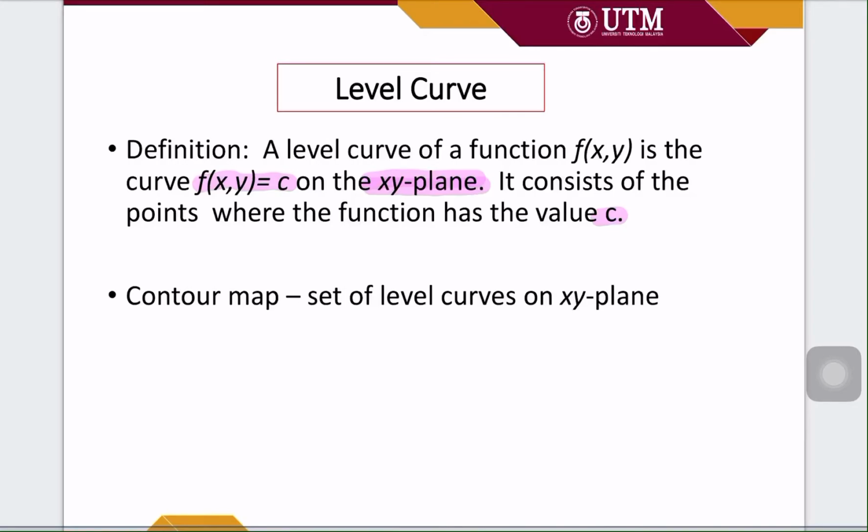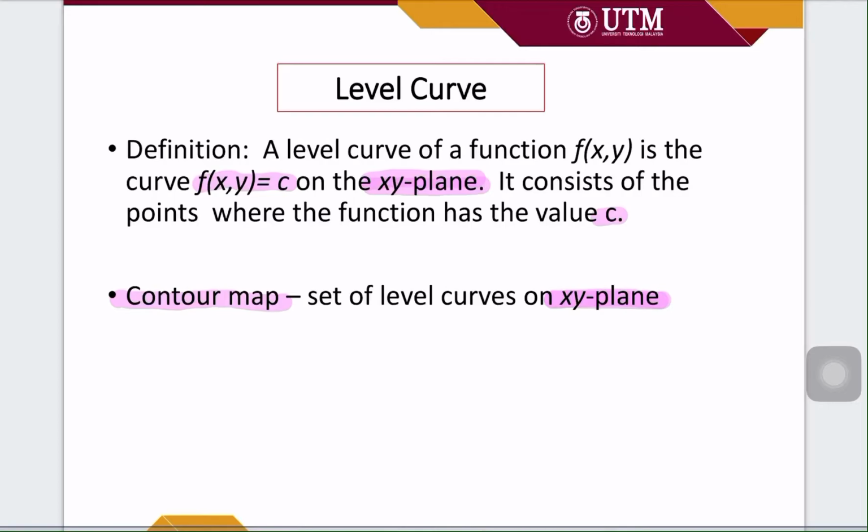Contour map. What is a contour map? Basically it is a set of level curves. We have one level curve, two level curves, three level curves, and all of that we call a contour map. Remember it is on the xy plane.